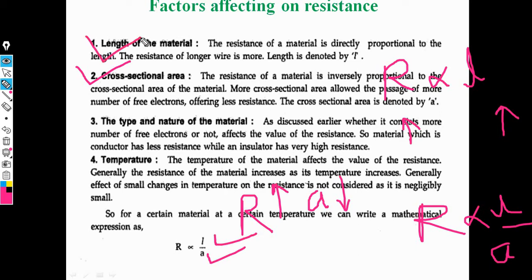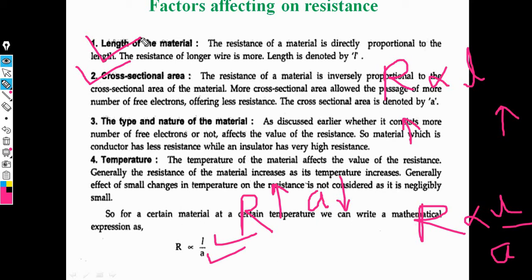Okay, now in factors affecting resistance, the type of the material is very important, and the nature of the material is very important. If the material we consider is a conductor, a conductor has less resistance, but an insulator has very high resistance.